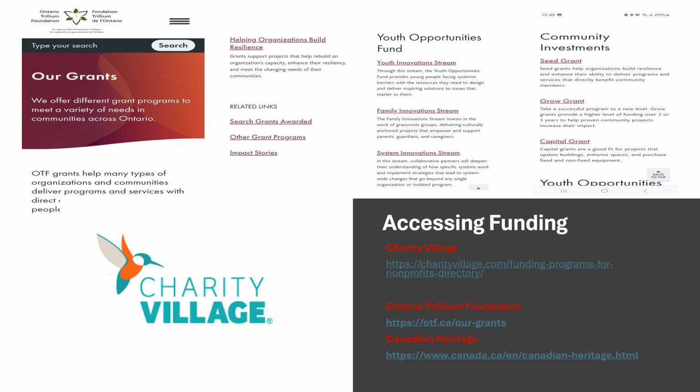There's also Charity Village, and Charity Village has a lot of great grant opportunities. Back to the Ontario Trillium Foundation, they have the Youth Opportunities Fund, Family Innovation Stream. There's the Seed Grant, the Grow Grant, the Capital Grant. There's all kinds of grant opportunities through the Ontario Trillium Foundation.